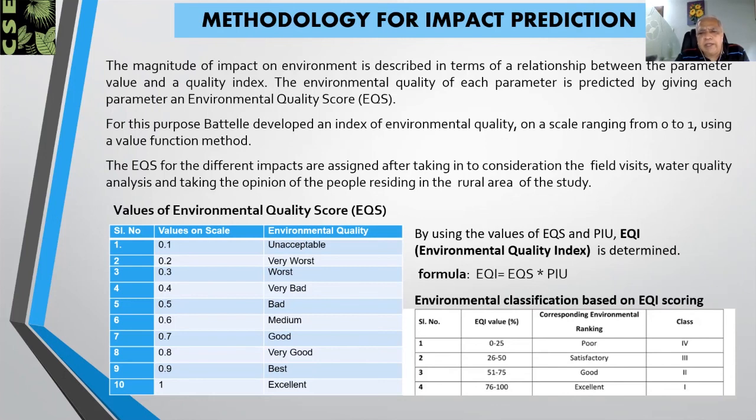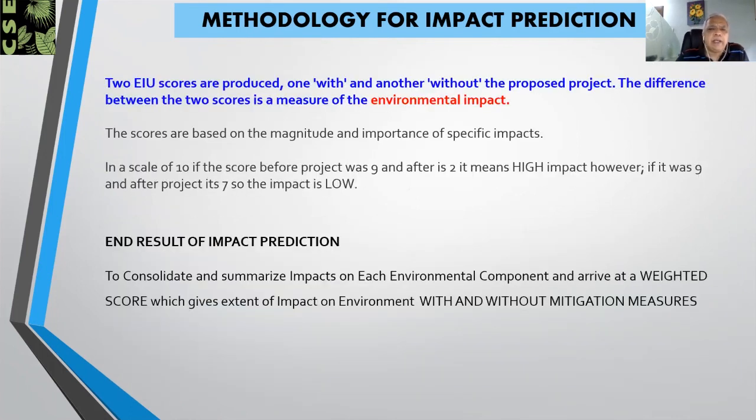The environmental quality index is derived from the formula of environmental quality score multiplied by the PIU, and a quality index of 0 to 25 indicates poor environmental ranking, whereas a quality index of 76 to 100 indicates excellent environmental ranking.